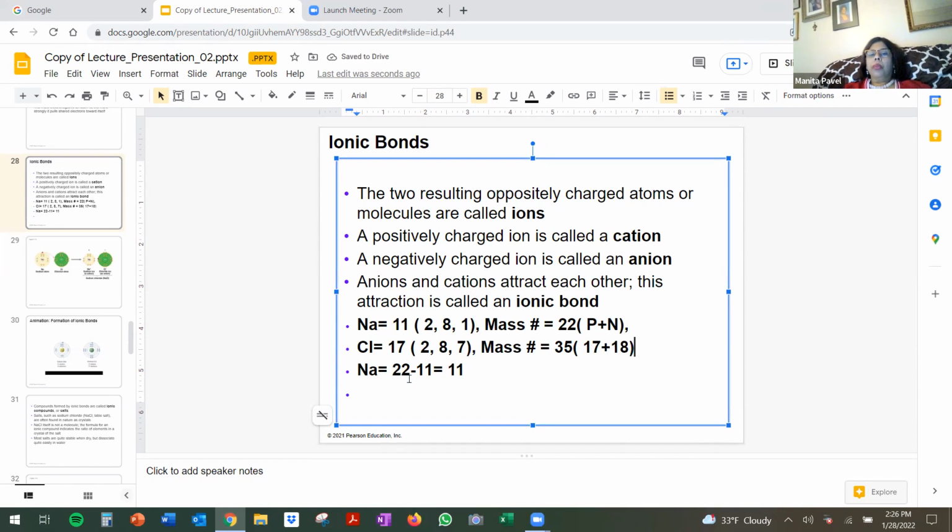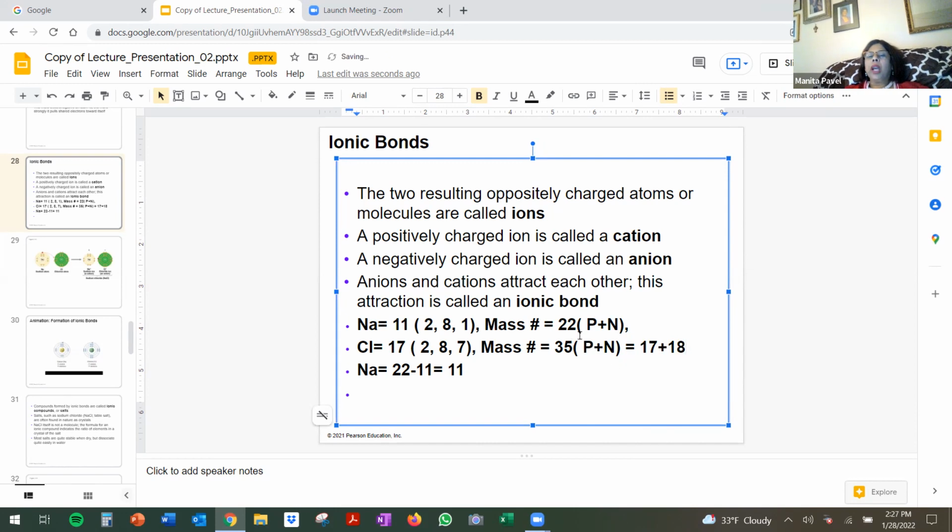So 11 would be equal to total number. This is proton number. This is proton plus neutron. So you have proton mass plus neutron is equal to 17 plus 18 here.